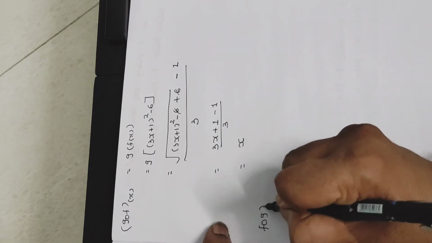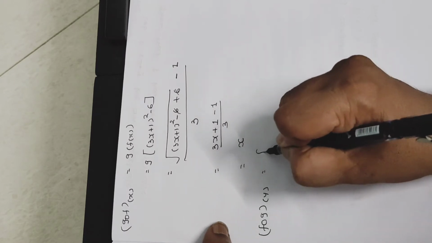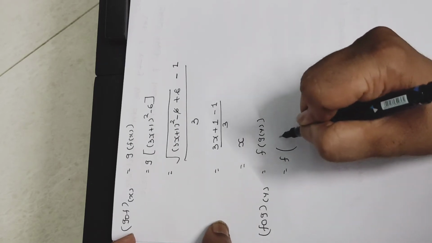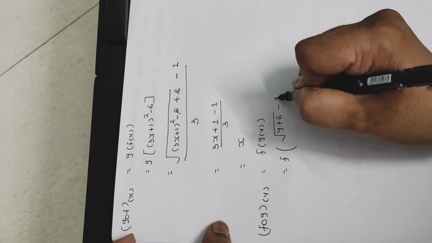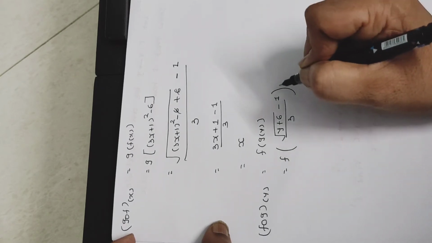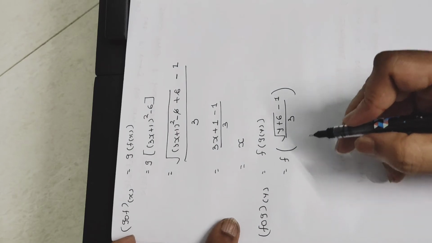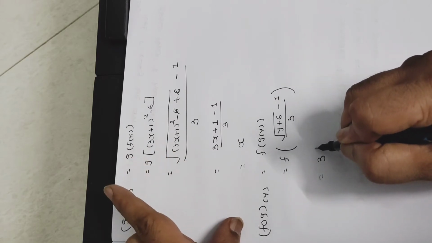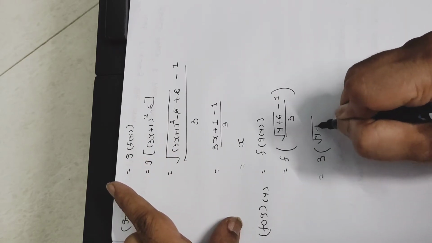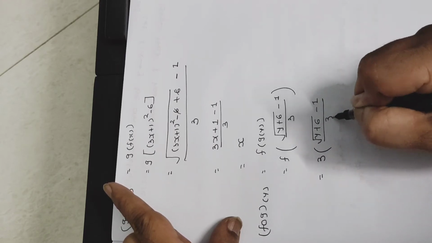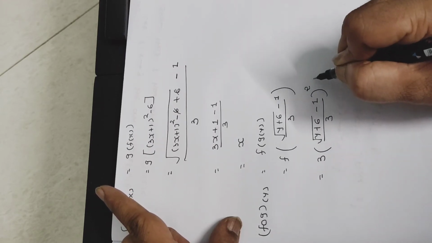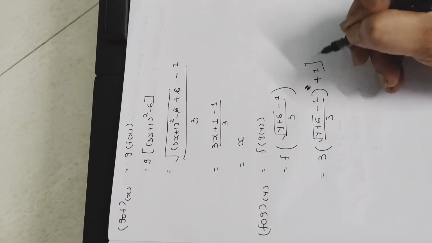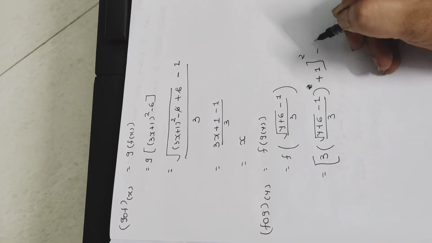Now FOG of y is equal to f of gy. F of gy is what? Under root y plus 6 minus 1 by 3. These I have to put in fx, that is what? 3 into under root y plus 6 minus 1 by 3, square, 3x comes, plus 1 whole square minus 6.